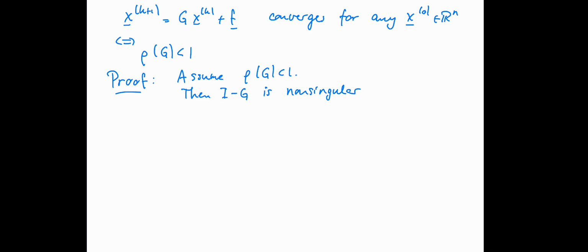So that means that 1 minus lambda can never be 0. So 0 is not an eigenvalue of identity minus G. So identity minus G is non-singular. So what that means is the equation x is G x plus f, or identity minus G times x equals f, has a unique solution.